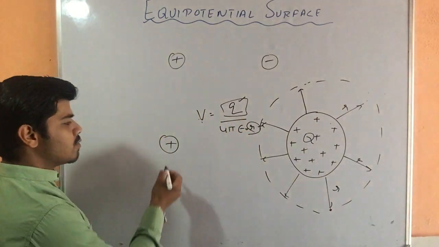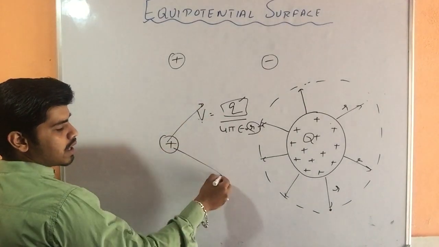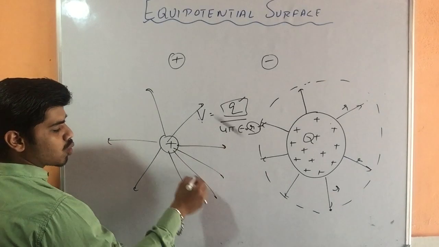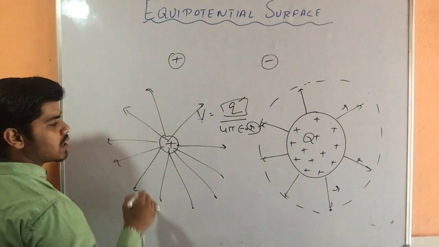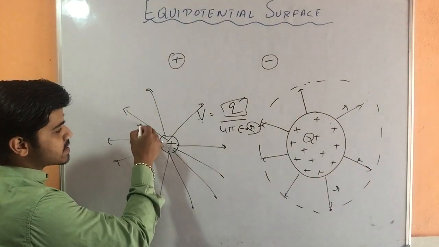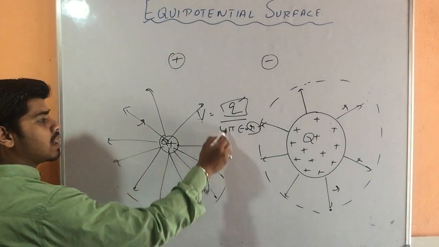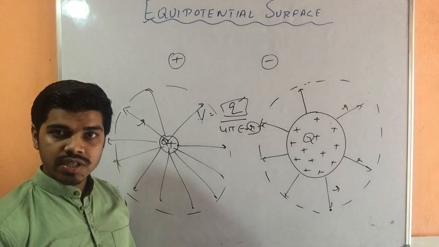Means to say that for this charge also, points separated by distance r and under the influence of the same charge q will make a similar Gaussian surface, which is a sphere.